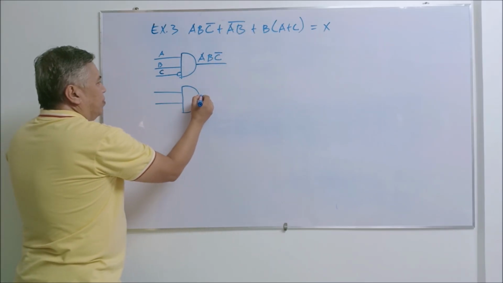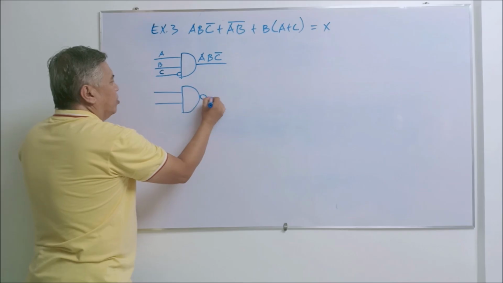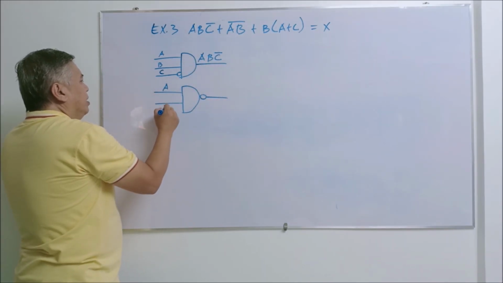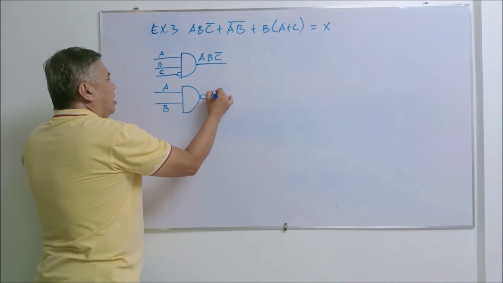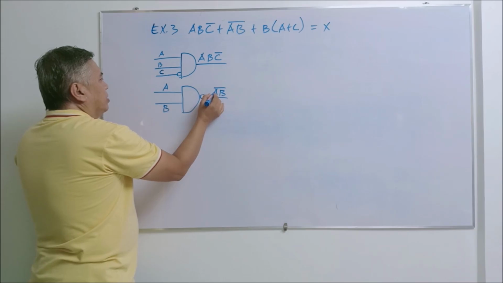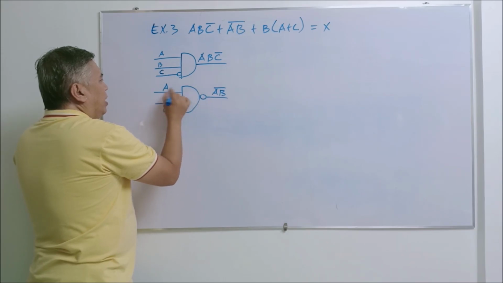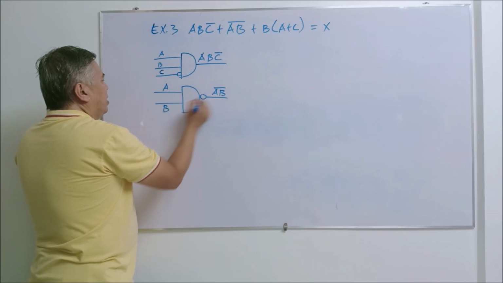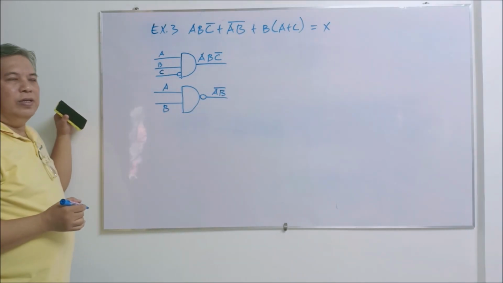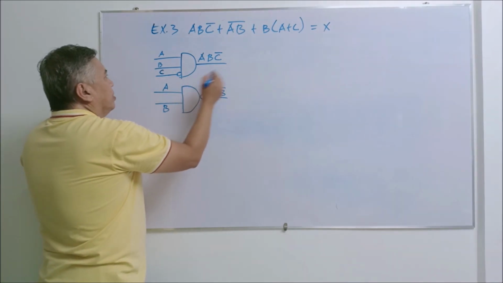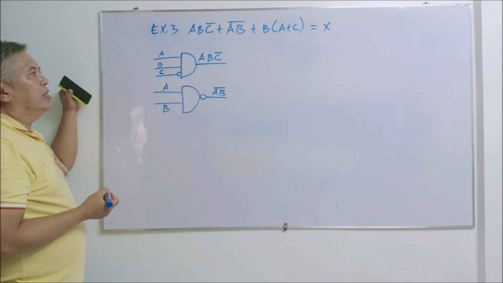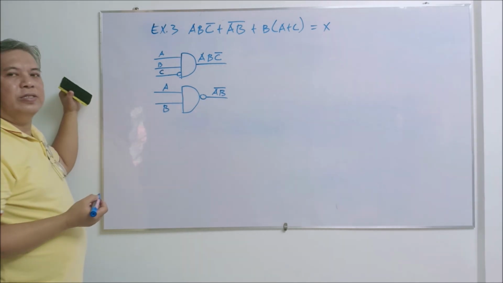So we have a bubble at the output representing a NAND gate. So you have A, B, the output here is A, B complement, A times B, then complement.